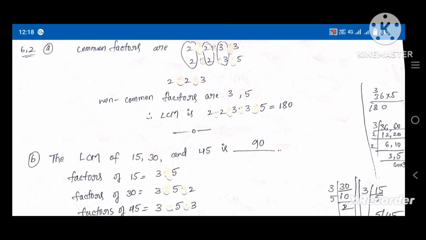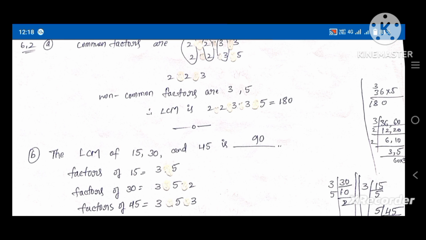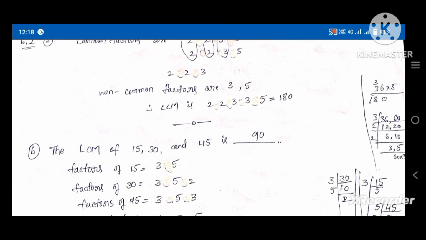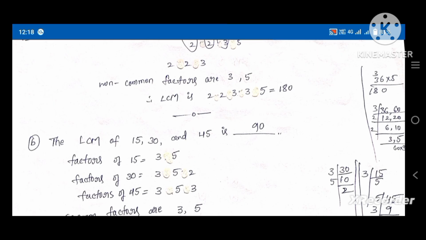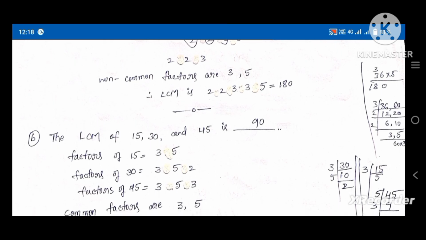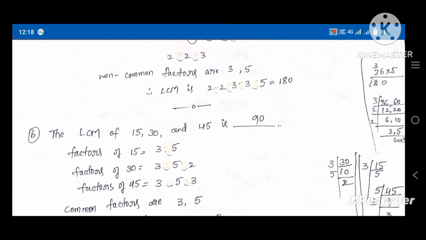B. The LCM of 15, 30 and 45 is 90. Factors of 15 are 3, 5. Factors of 30: 3, 5, 2. Factors of 45: 3, 5, 3. Common factors are 3, 5.